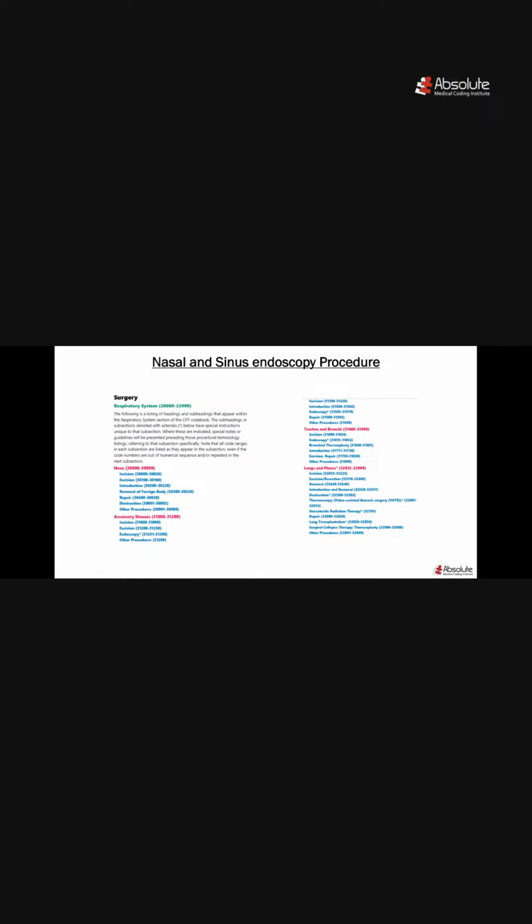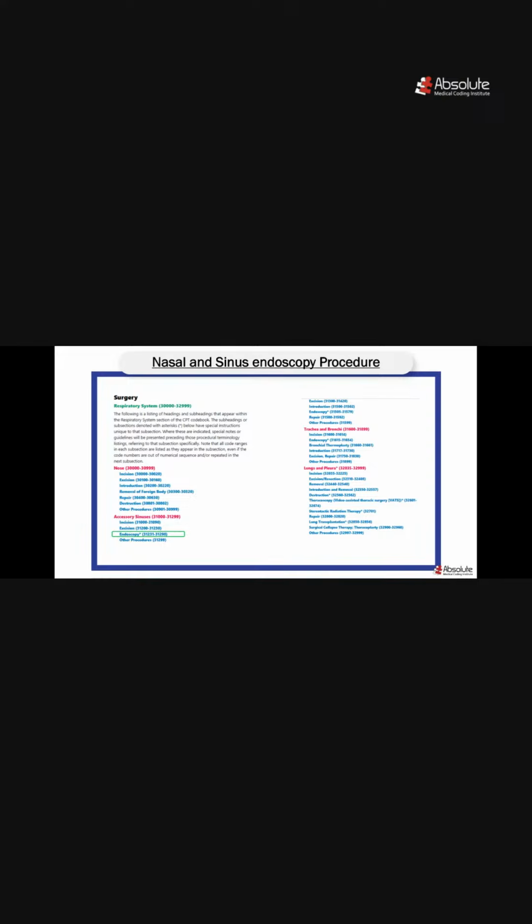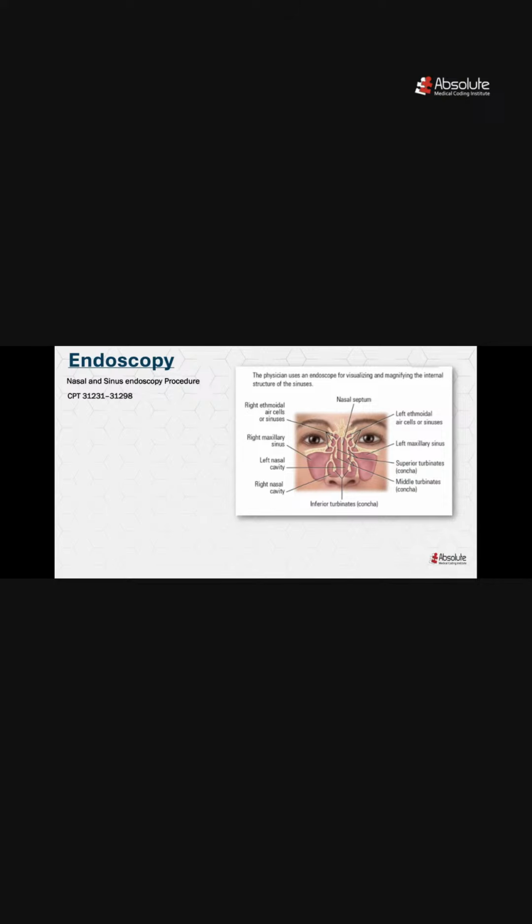And we are going to look into the nasal and sinus endoscopy procedure. This comes from the respiratory system. Nasal or sinus endoscopy is a procedure in which the physician uses a nasal or sinus endoscope to directly visualize the inside of your nasal cavity and the sinus pathway, right?